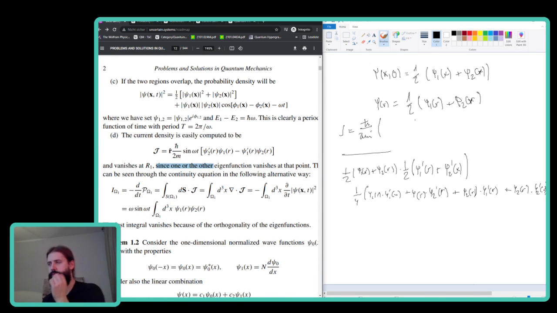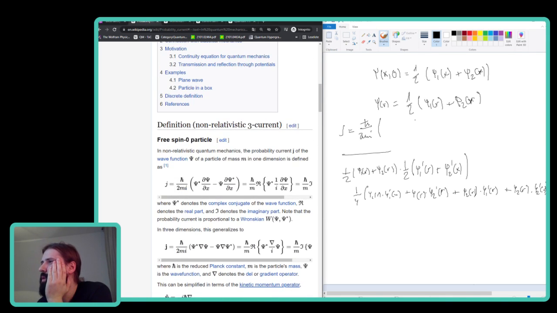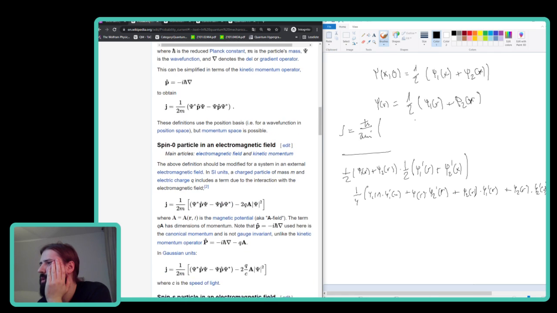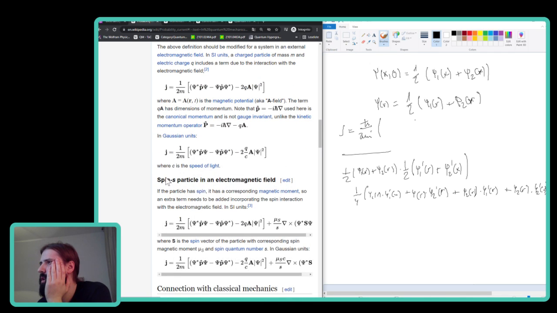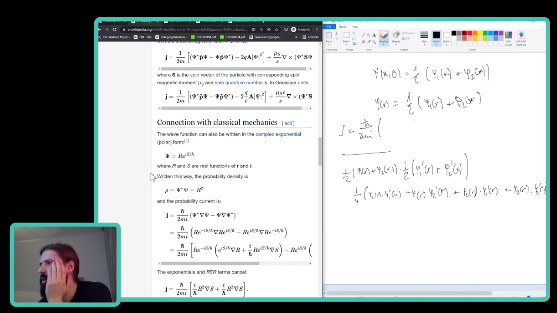Oh man, it's a free spin 0 particle. You know, electromagnetic field, connection with classical mechanics.